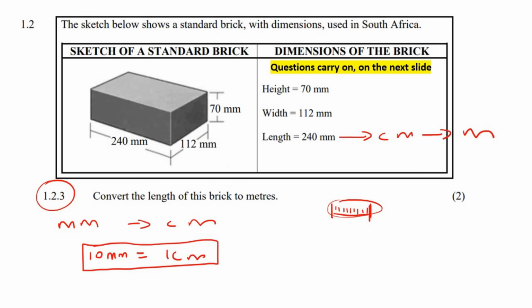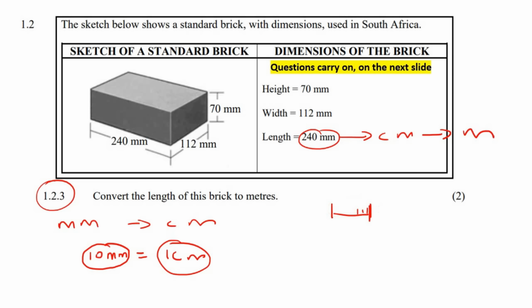So can you see which number's bigger? Look at that, 10 millimeters and 1 centimeter. So the millimeter number is larger. So here we have 240 millimeters, okay? We need to divide that by 10 to get it to centimeters, which will then be 24. So you see how centimeters is always a smaller number.